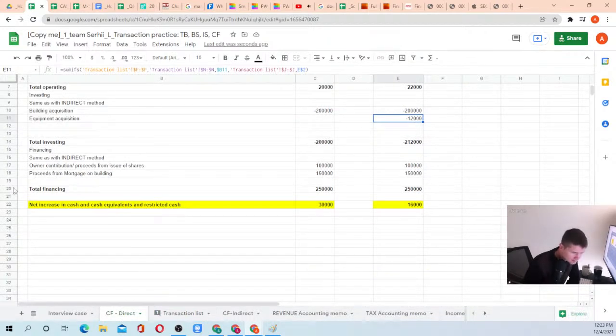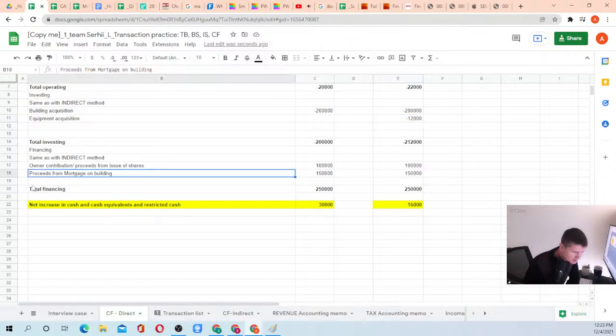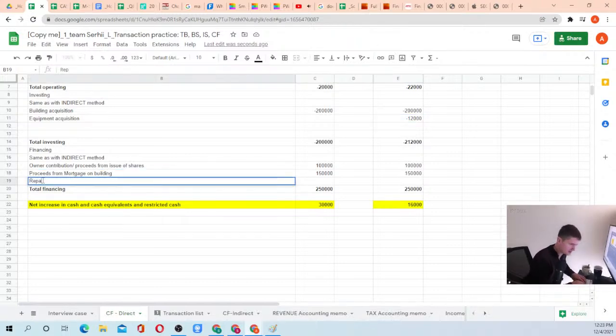So total financing proceeds, let's call it repayment of mortgage.